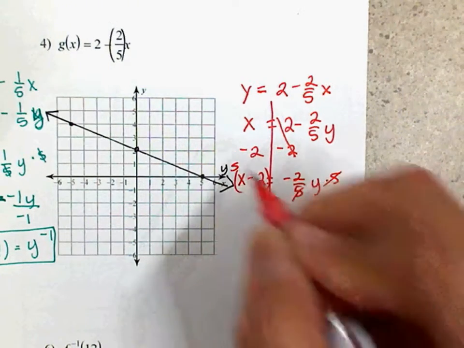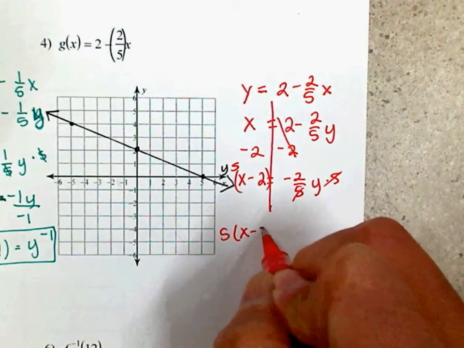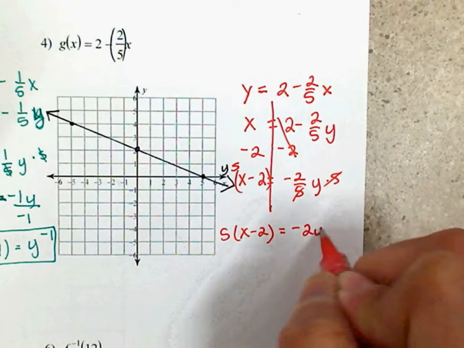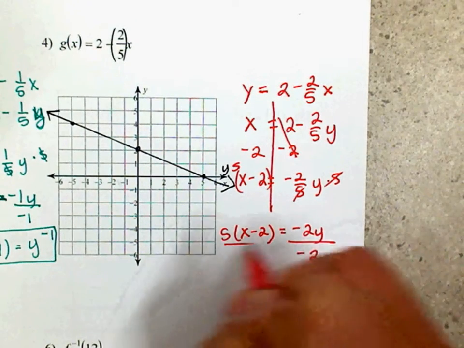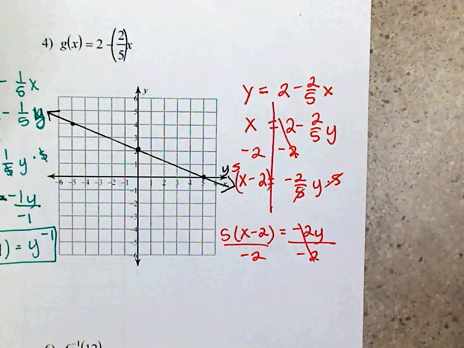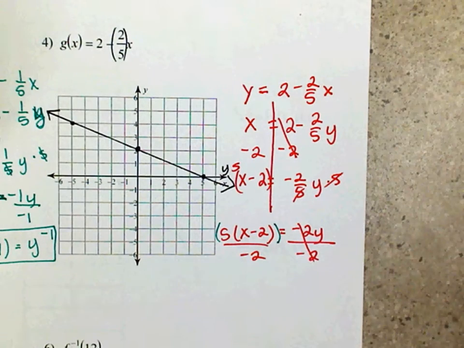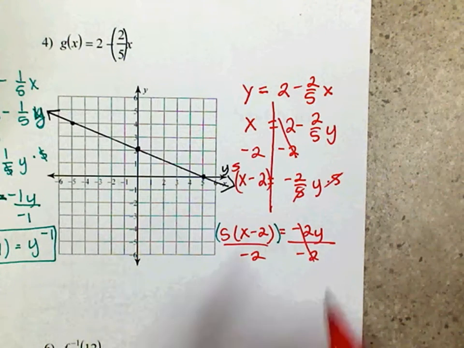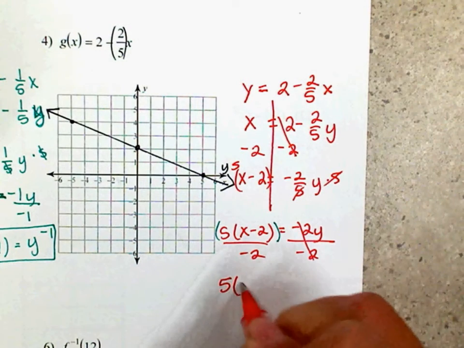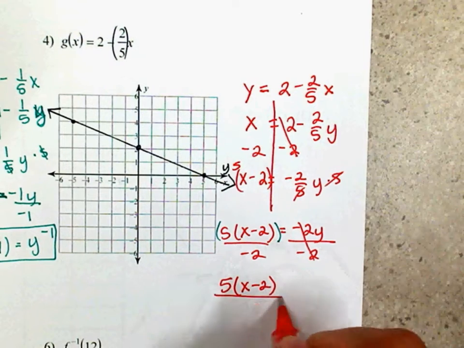So 5 parentheses x minus 2 equals negative 2y. Divide by negative 2. All right. Okay, you could distribute that, or you can just add extra parentheses. I'm just going to add extra parentheses when I type this in. Okay? All right, so the answer is 5 parentheses x minus 2 divided by negative 2 equals y to the negative 1.